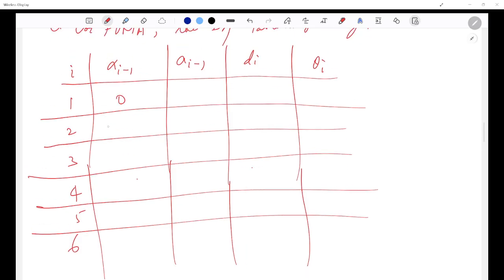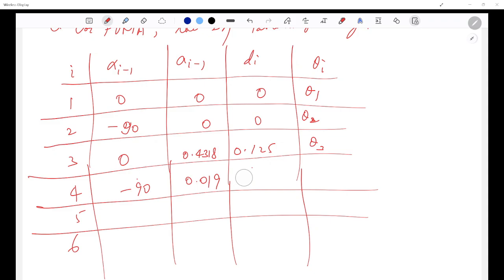So 0, 0, 0, theta 1; minus 90 degree, 0, 0, theta 2; 0, 0.4318, 0.125, theta 3; minus 90, 0.019, 0.